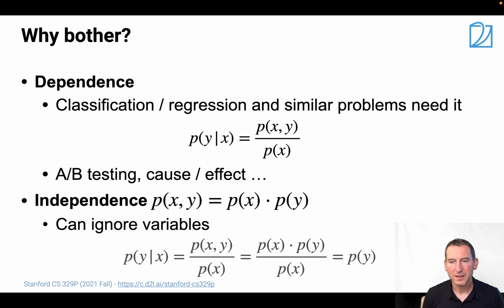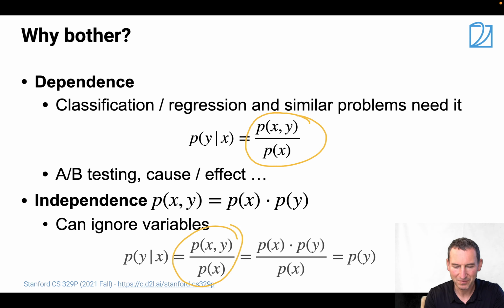Now, if I have independence, in other words, if p of x and y is given by the product, then reusing that same equation up here, I can plug in the form for p of x and y, so it's p of x times p of y, in which case immediately p of x cancels out, and so I just have p of y.